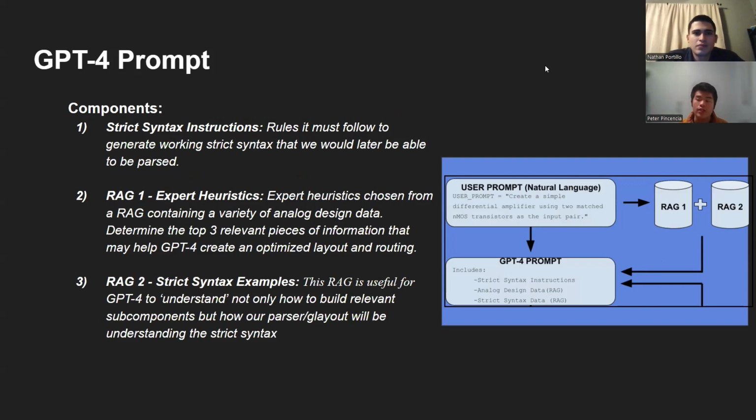The expert heuristics give some recommendations on how to design an analog circuit, and it gives the top three relevant pieces of data to design an analog circuit. The second RAG is for the strict syntax. The strict syntax is the input to Glayout so that it can design the analog layout for that specific circuit.